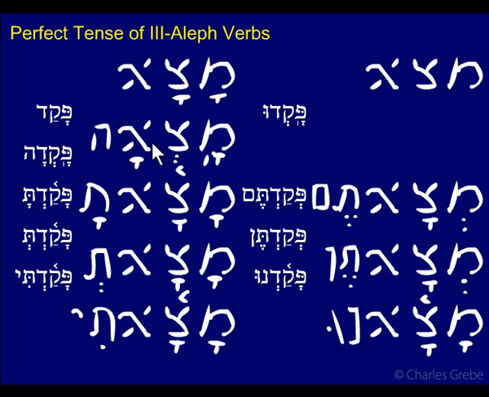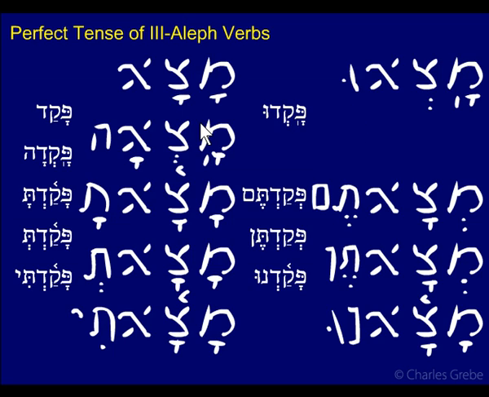Ma tse a. And Aleph at the beginning of a syllable doesn't quiesce. It's at the end where we have this problem, or this feature, if you wish. So in this form and in this form, there is no difference. Pakada becomes ma tse a. Pakadu becomes ma tse u. So those two, there is no change.